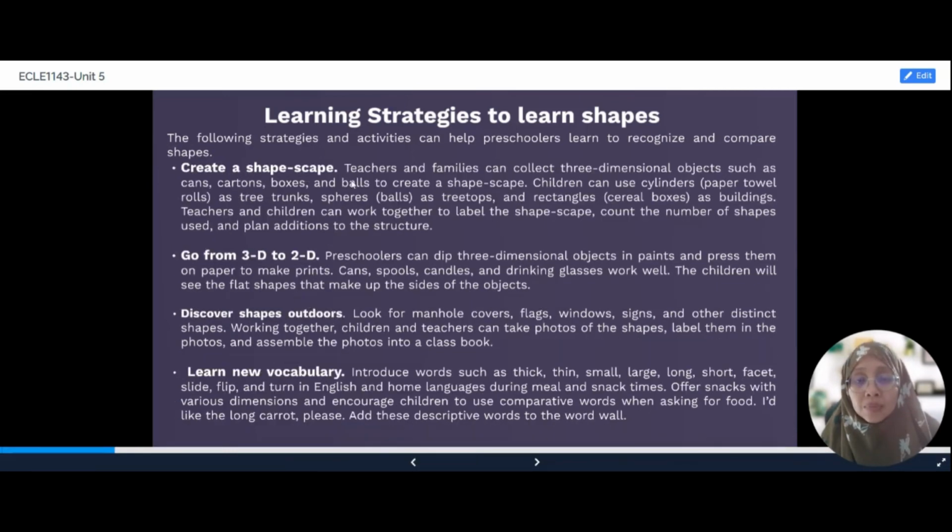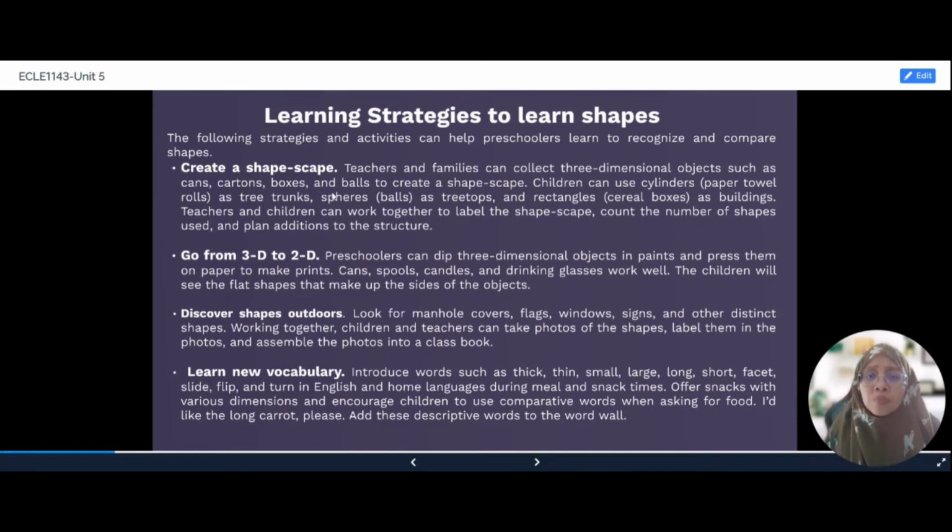Create a shapescape. One of the art things that we can do, teachers and families can collect three-dimensional objects such as cans, cartons, boxes, and balls to create a shapescape. Something that we do as a structure for the 3D shapes. And then go from 3D to 2D. Later I will show in the classroom how we can teach from 3D to 2D and 2D to 3D.